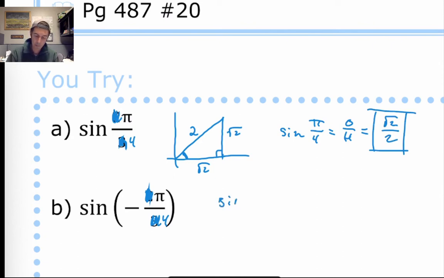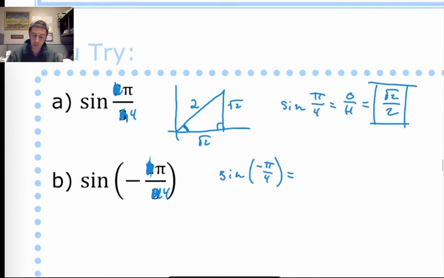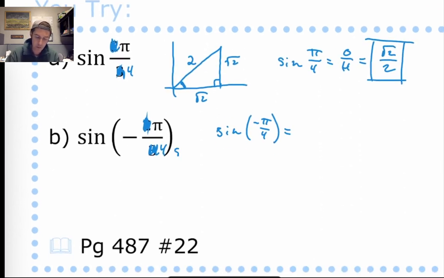The sine of negative pi over 4, well, sine is odd, I should have written that first. Sine is odd. Therefore, the sine of negative pi over 4 is equal to negative sine of positive pi over 4, based on that little test that we talked about at the top of the previous page, I think it was, when we were talking about even and odd functions.